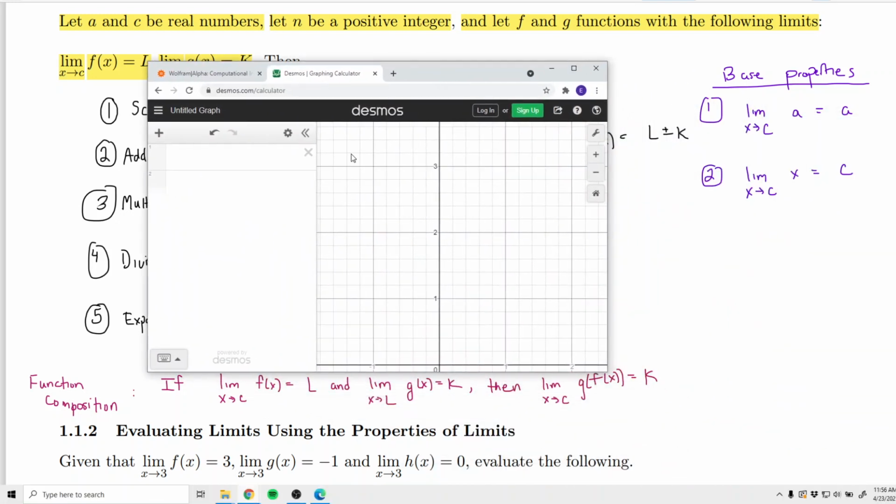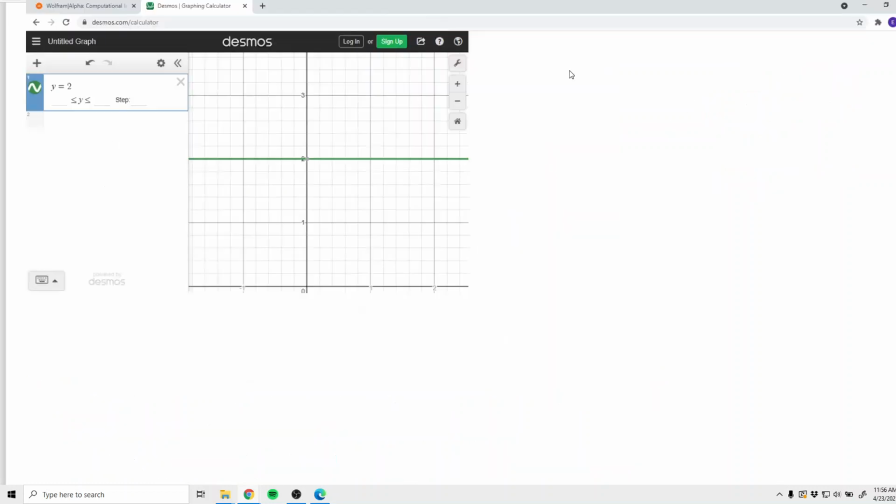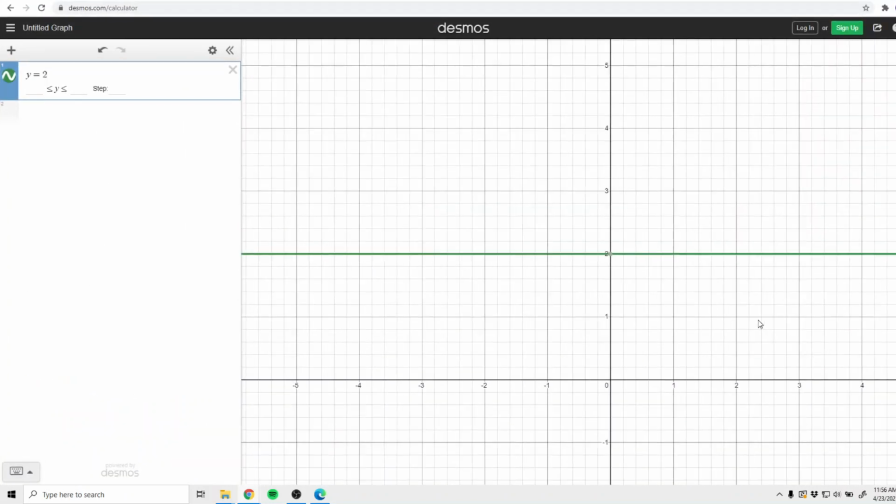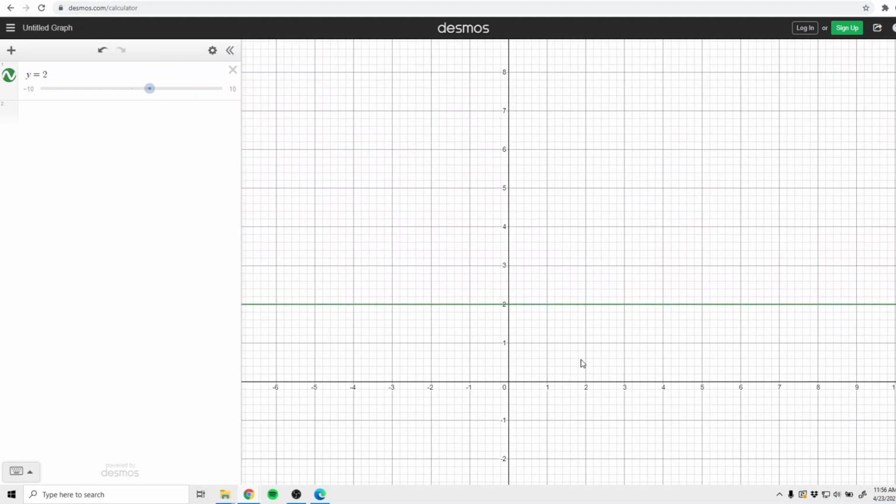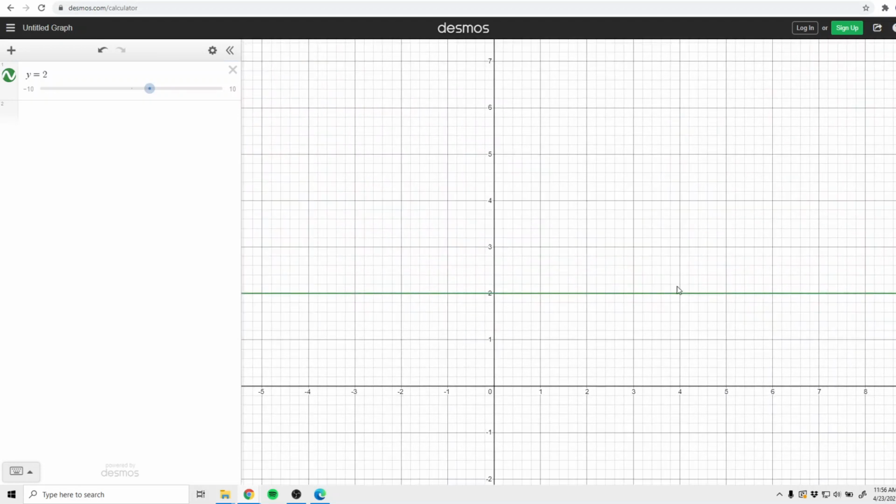Well, once again, I'll graph here to explain it. And I want to go ahead and pretend a is 2. So we're looking at the graph of y equals 2. Let me go ahead and just zoom out so you can see the x-axis and everything. This is the line y equals 2. And what we know about limits from their graphs is that if we pick, say, x equals 2, which is right here, what is the limit as x goes to 2?